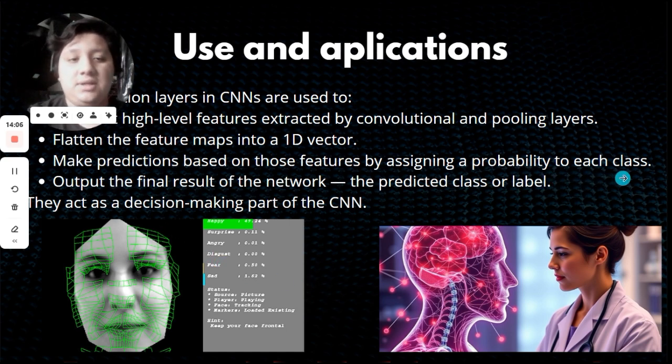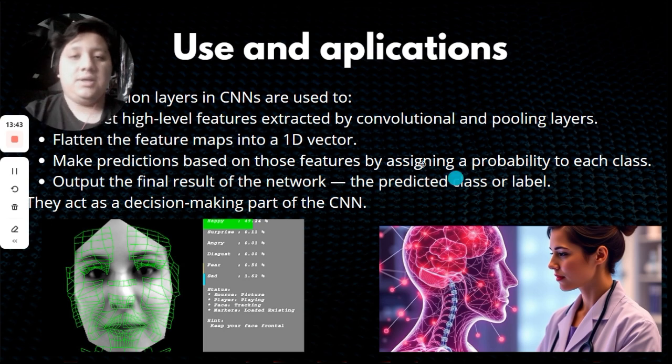This is one of the probabilities, to make another example for this application. And finally, it outputs the final result of the network, the predicted class or label, the act and decision making part of the CNN.